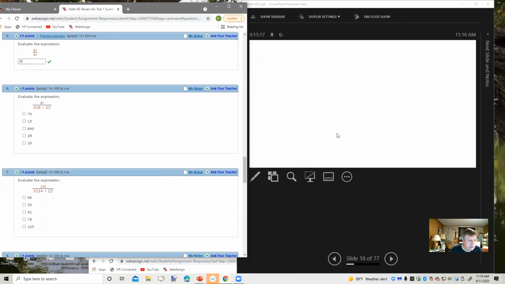It says evaluate the expression 6 factorial over 2 factorial times the quantity 6 minus 2 factorial. Well, first of all, let's simplify what's inside the parentheses. 6 minus 2 is 4 factorial.